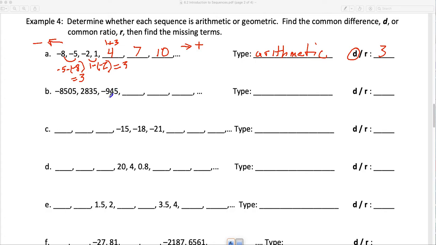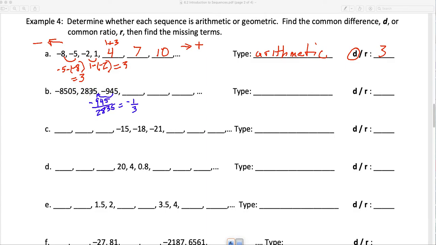So backwards from here to here, I've got negative 945 divided by 2835, and that is going to be equal to negative 1/3. And I trust everybody's got your calculator and you can do that.